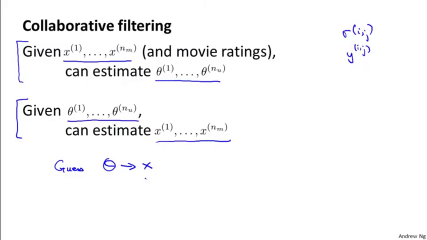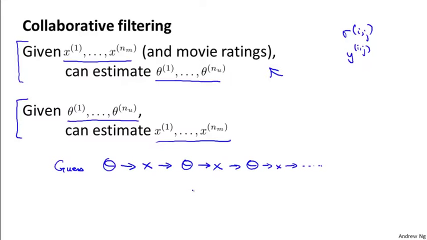Now, given some initial set of features for your movies, you can then use the first method from the previous video to get an even better estimate for your parameters theta. Now that you have a better setting of the parameters theta for your users, we can use that to get an even better set of features, and so on. You can keep iterating, going back and forth, optimizing theta, x, theta, x, theta, x, and this actually works. If you do this, your algorithm will converge to a reasonable set of features for your movies and a reasonable set of parameters for your different users.